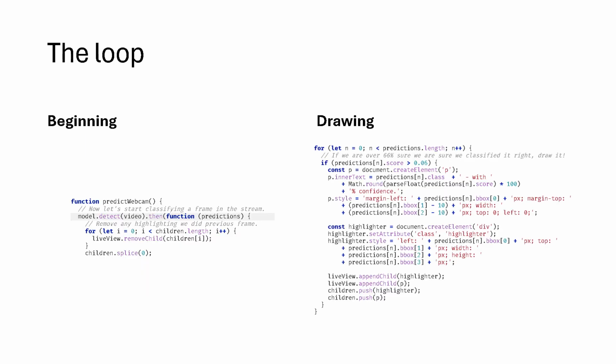So the beginning here, we have model.detect video and then the .then function, which encapsulates most of the function. We remove the live view, which is the rendered page, and the children, which we'll add at the end. And then children.splice is a way of making an array disappear, is what he says, and I'll believe him.